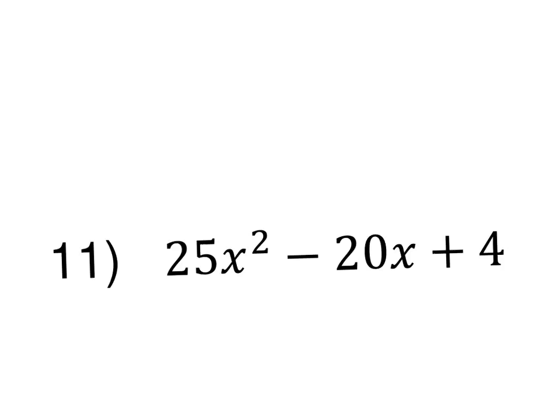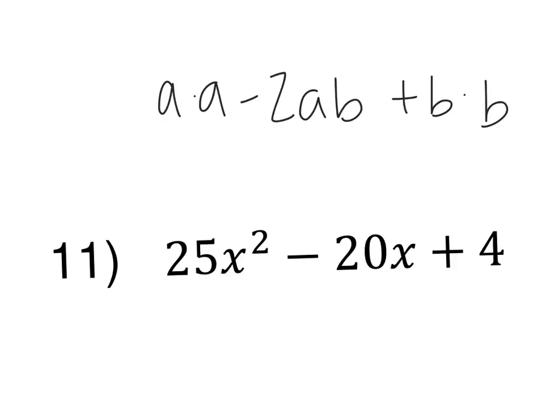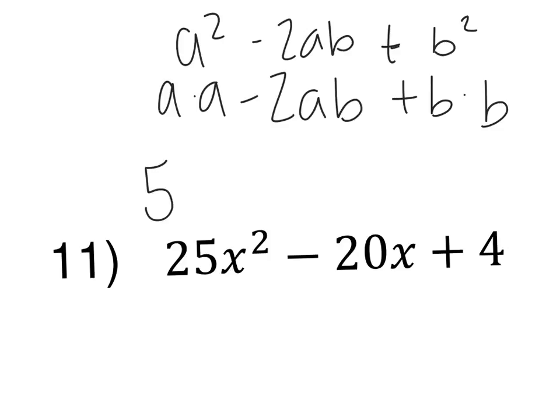So 11, let's just keep going. If it's a perfect square trinomial, then it should be written as a times a minus 2ab plus b times b. And that comes from the formula a squared minus 2ab plus b squared that we wrote at the top of our paper. So 25x squared is 5x times 5x, so that works. 4 is 2 times 2. So this last part works out well.